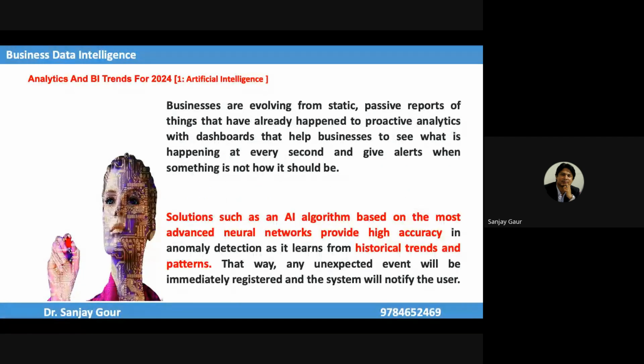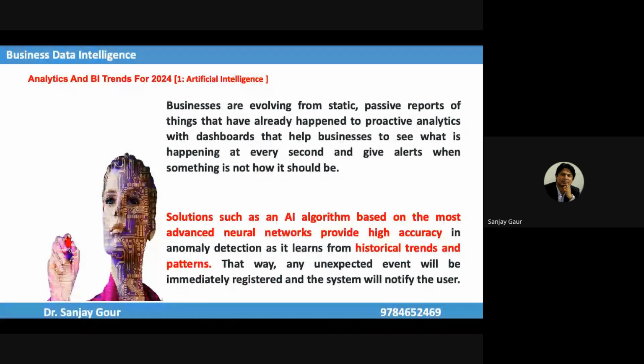Businesses are evolving from static passive reports of things that have already happened to proactive analytics with dashboards that help businesses see what is happening every second and give alerts when something is not how it should be. Solutions such as an AI algorithm based on the most advanced neural network provide high accuracy in anomaly detection as it learns from historical trends and patterns.